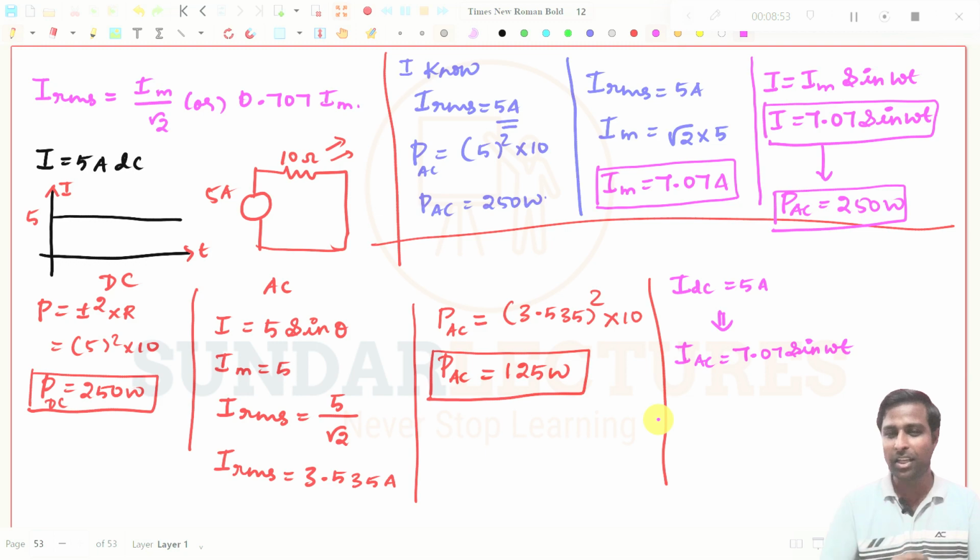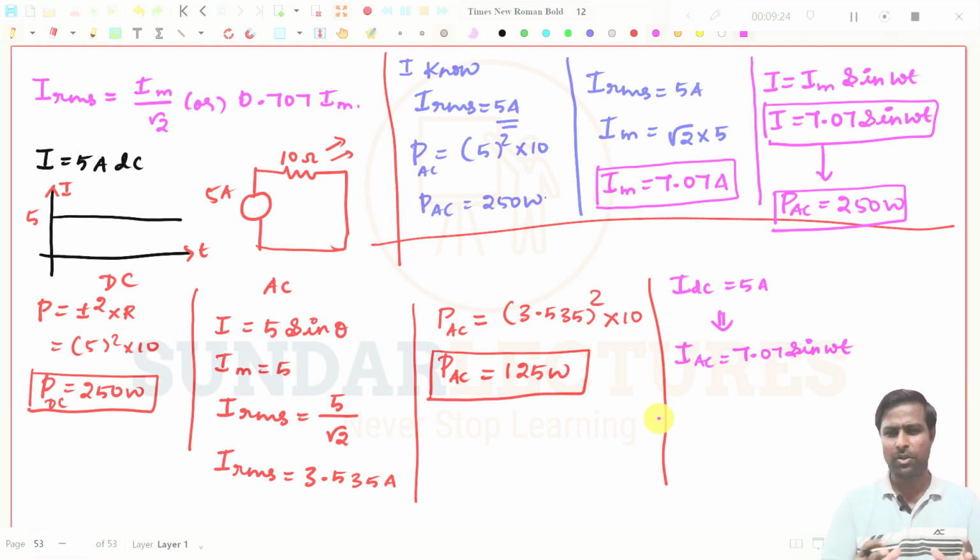The 230 is nothing but an RMS value. Wherever you go, any AC quantities, current or voltage, will be displayed as RMS quantities. And why do we display them in RMS? Since the RMS quantity is equivalent to the DC quantity.